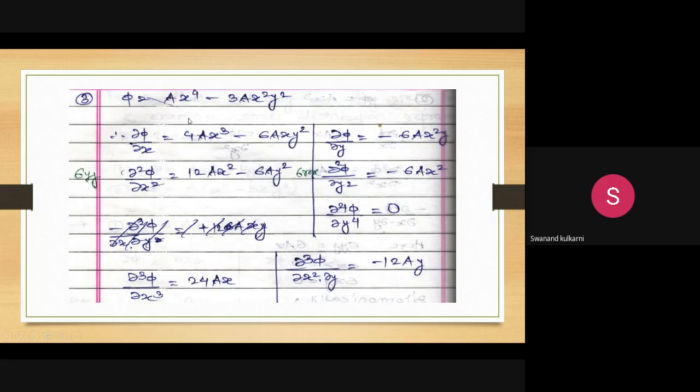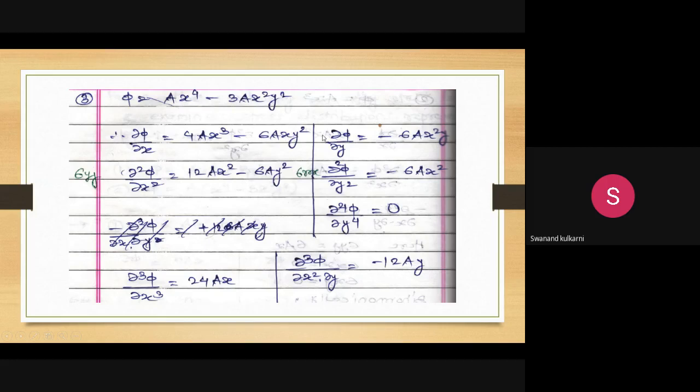So dou phi by dou x is equal to 4ax cube from the first term. For the second term, differentiating x square gives 2x, and y square remains as it is, so 2 into 3 becomes 6, giving 6axy square.